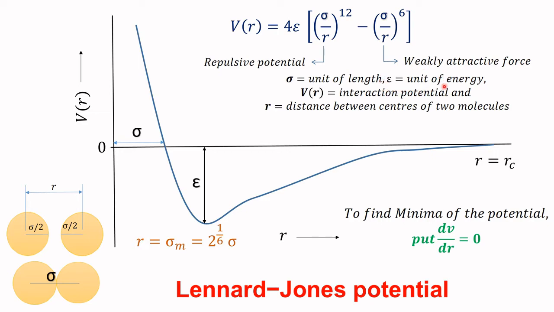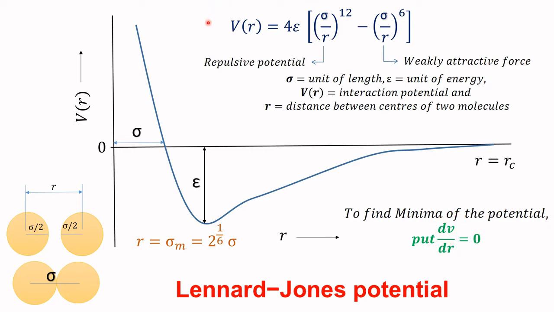You can see here that this is the point in the curve where it has its minimum value, and the slope of this curve is also equal to 0. To find the minimum value of potential or energy, we put the slope of the curve equal to 0 at this point. So to find the minimum of this potential, we put dV upon dr equal to 0.